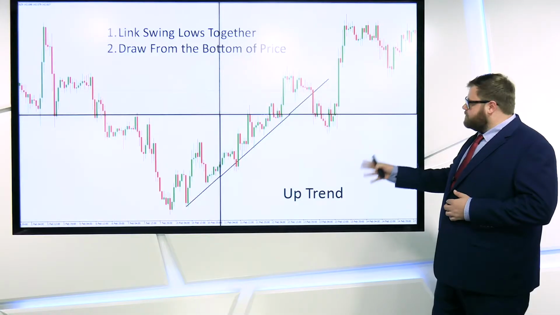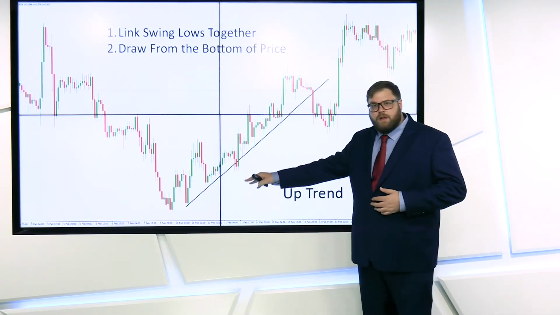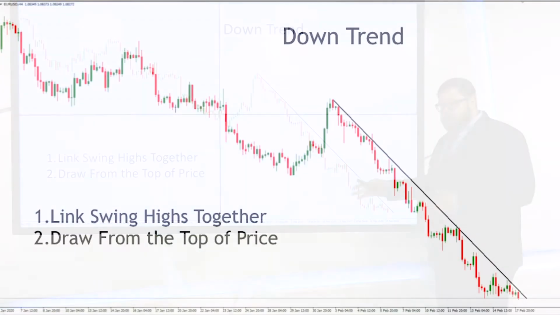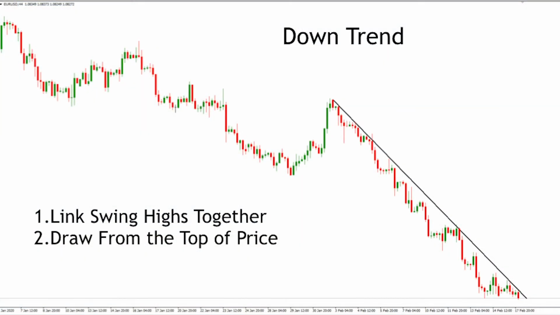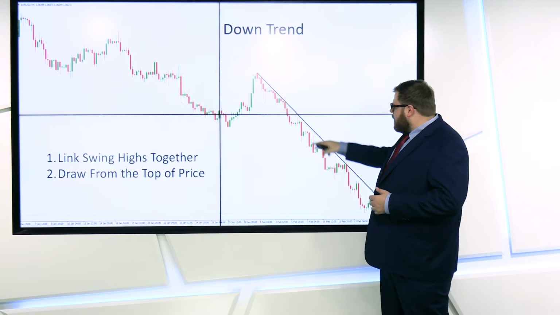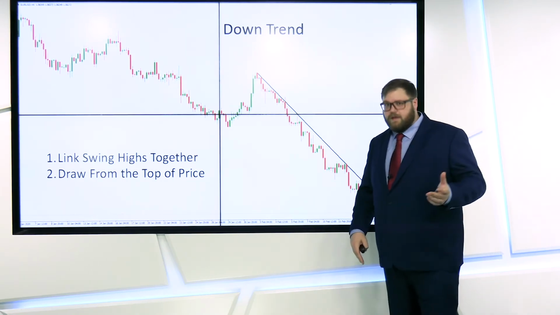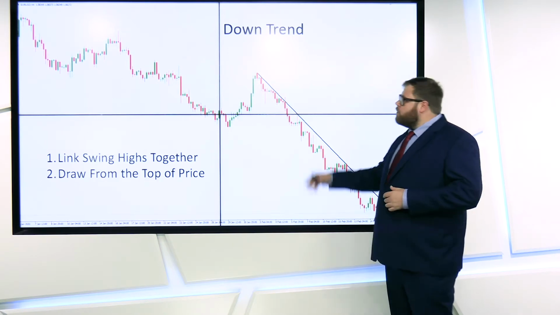In the instance of an uptrend, you always draw your trend line from the bottom of price. On the downside, you look at it from the link of swing highs together. So as we go down price, we're looking for each new swing high to mark a line of best fit as it goes down.